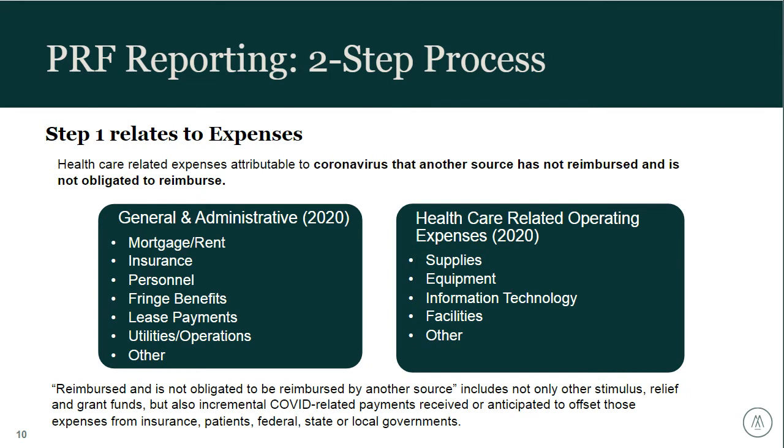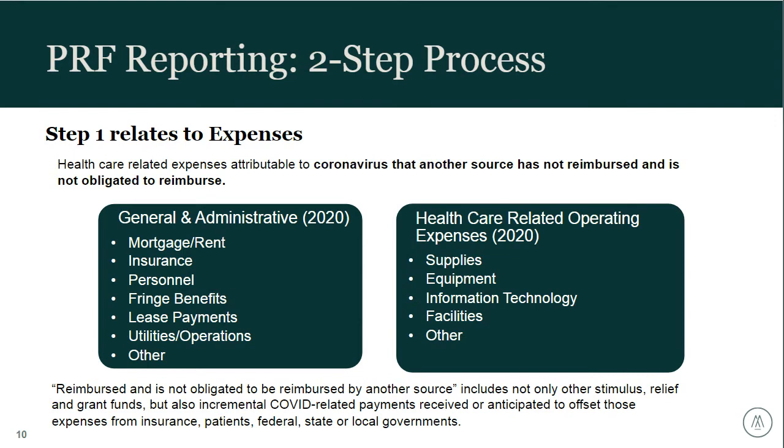These categories are general and administrative and healthcare-related operating expenses. The most important thing to understand when we're thinking about expenses, and the language we see over and over in the guidance and FAQs, is that the expenses need to be attributable to coronavirus, and another source has not reimbursed or obligated to reimburse these expenses.